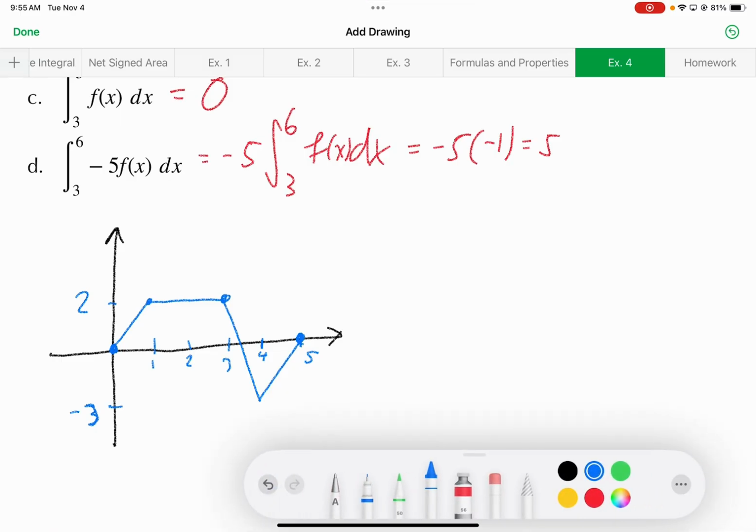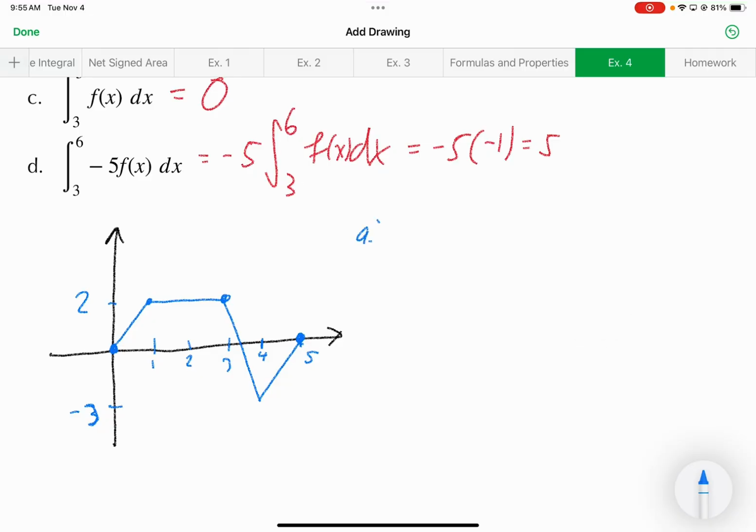Here's the things I want you guys to find. Let's do the integral from 0 to 1, and let's call this f of x, of f of x dx. We'll do the integral from 1 to 3 of f of x dx.